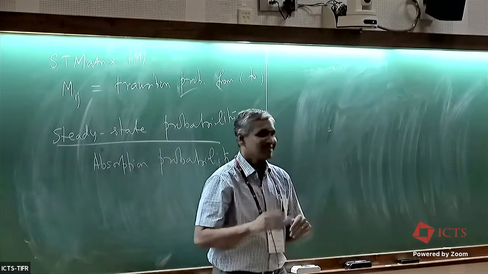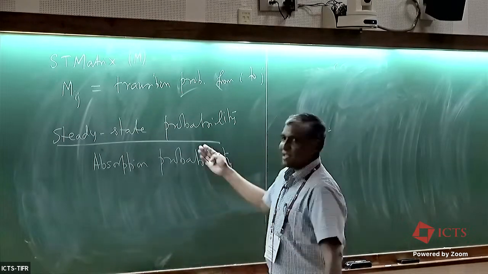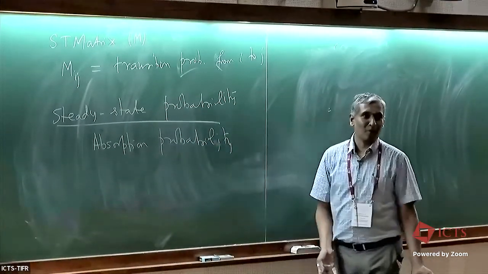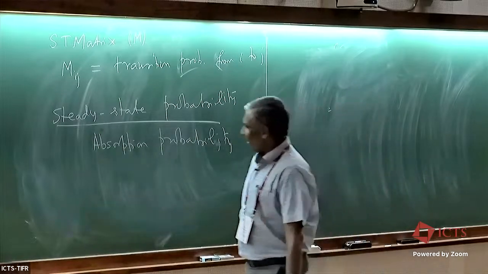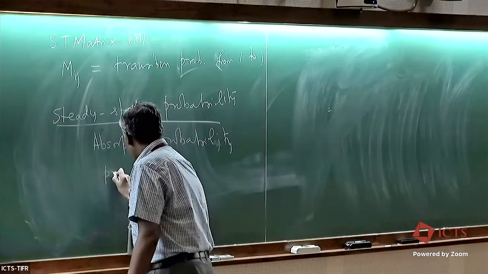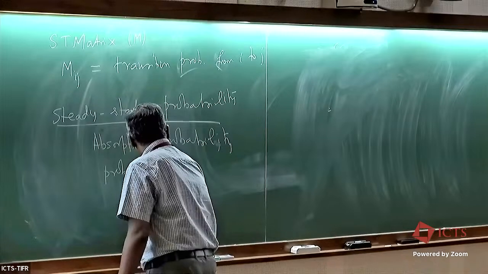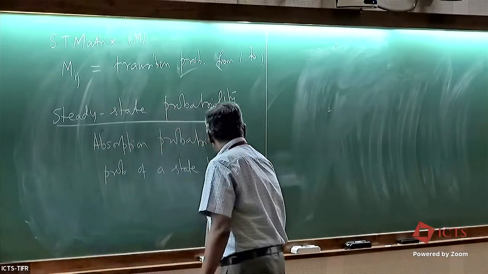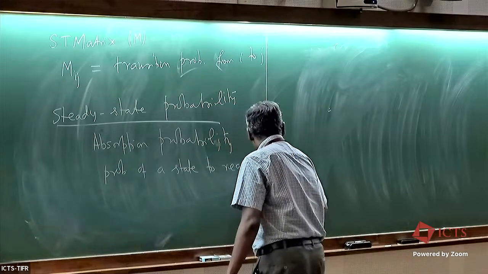Is that okay? Okay, so in order to find the steady state probability, you actually have to get what is called the absorption probabilities. This is simply defined as the probability of a state to reach a fixed point.